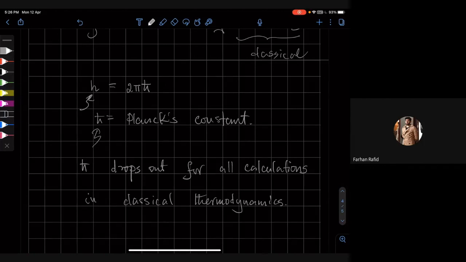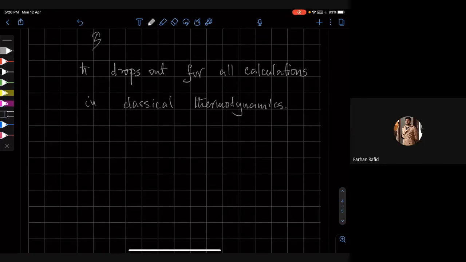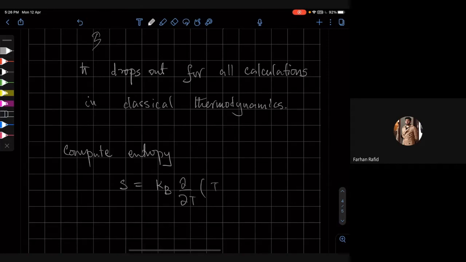So there's going to be one place where h bar is not going to drop out, and that's when we compute entropy, right? Because if you remember, the expression for entropy was something like kB d by dT of T log of Z, right?